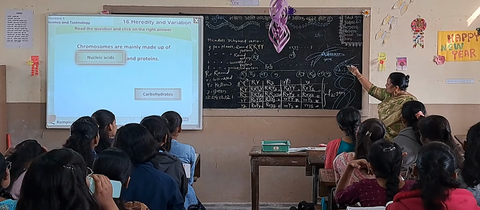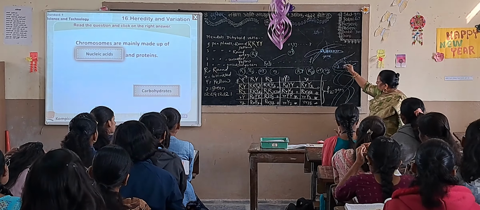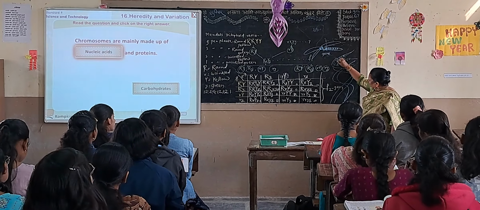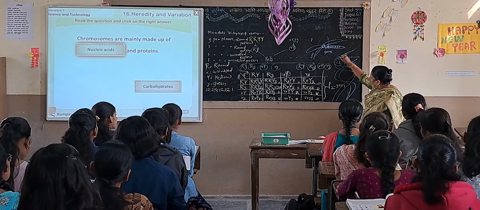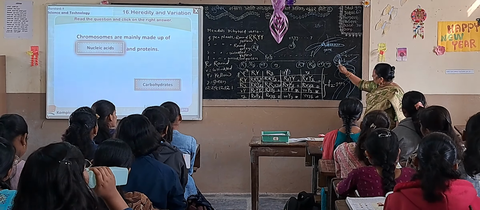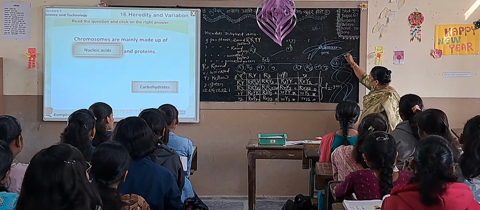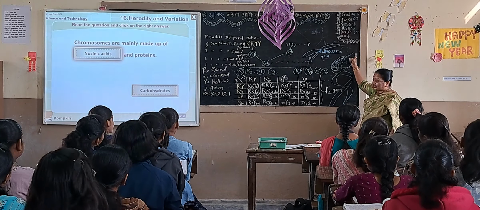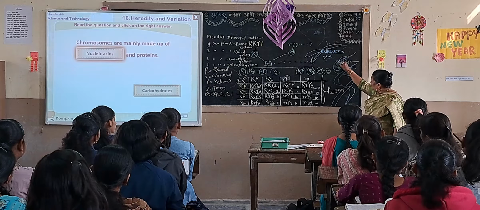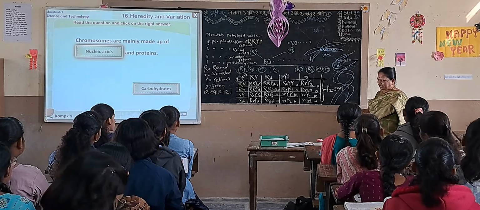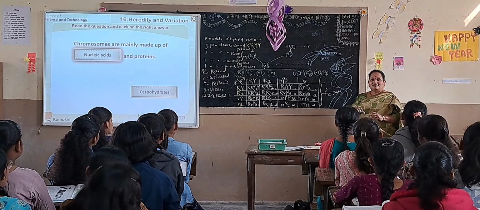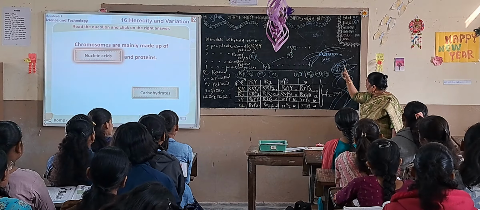The structure of DNA shows many nucleotides arranged one by one. Here, sugar, phosphate, one nitrogen base. Here, sugar, phosphate, another nitrogen base. That means a chain of nucleotides. Here one chain is there, here another chain is there. These two chains are connected with the help of these bonds.